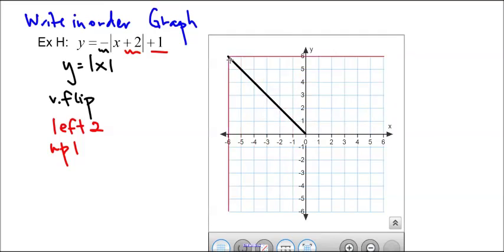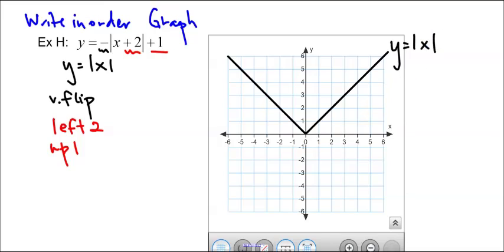Struggles. Okay, there you go. Just keep going until you get it right. That's okay. Okay, here we go. And we're going to label that, so you make sure you label your parent function, y equals absolute value x. And by the way, the more colors you have, the easier your life will be, because it'll be easy to tell them apart, and the easier you'll make my life, as I will be marking your stuff.